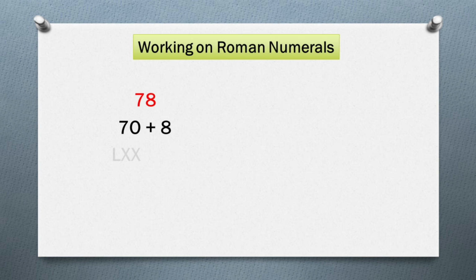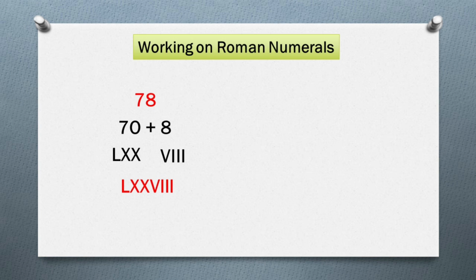So, LXX will make 70. As V represents 5 and I represents 1, VIII will make an 8. Now just put them together and we see that LXXVIII is 78.